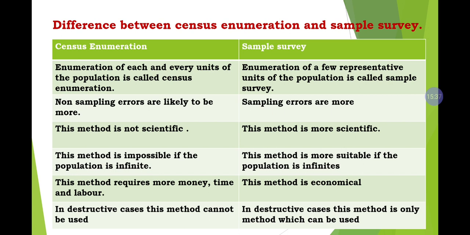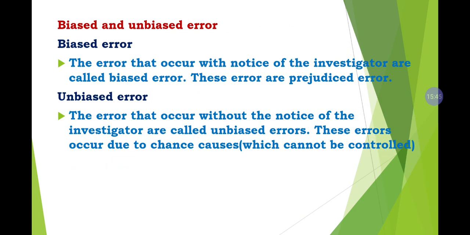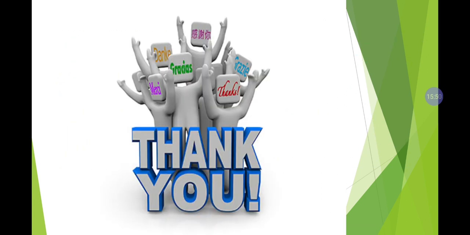Then from today's class, the difference between census enumeration and sampling survey, then statistical error, then biased and unbiased error, then measures of error. So this is the end point of your chapter. Thank you students. From tomorrow's class we will see the next chapter.